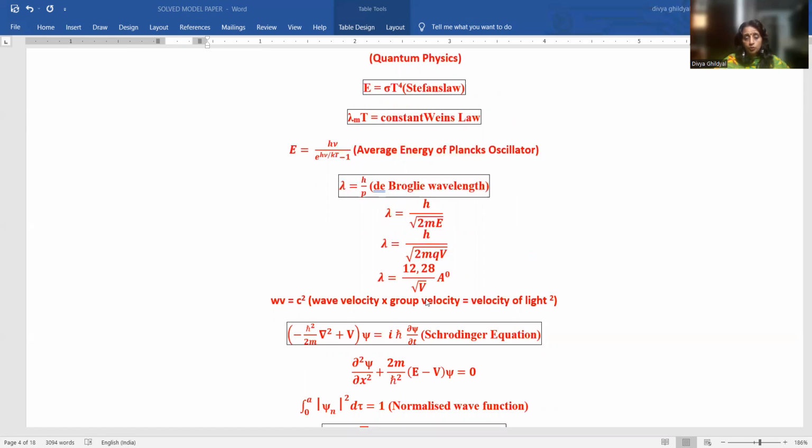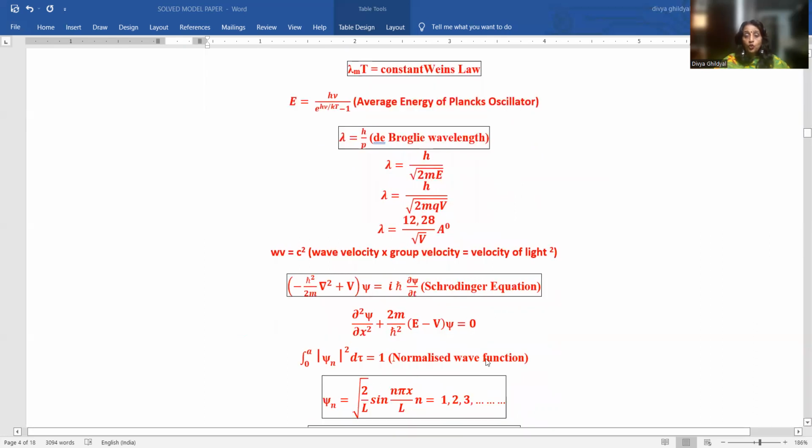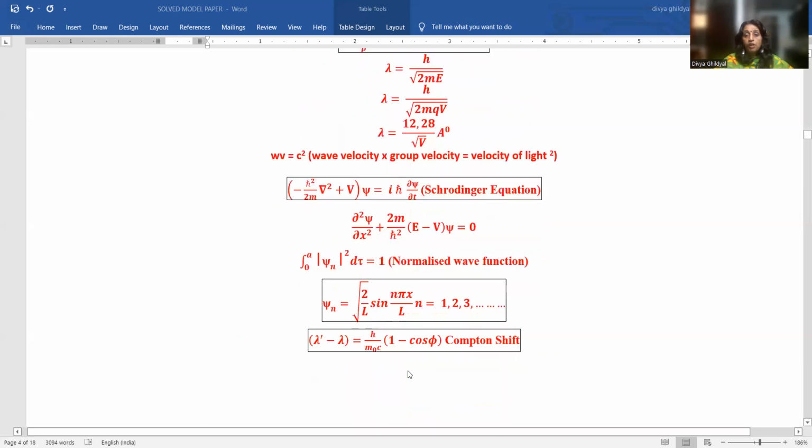Wave velocity into group velocity is equal to square of velocity of light. Schrodinger's equation is minus h bar square upon 2m del square plus V, whole into phi, equal to i h bar del phi by del t, and time independent is del 2 phi by del x2 plus 2m upon h bar square into E minus V phi equal to 0.